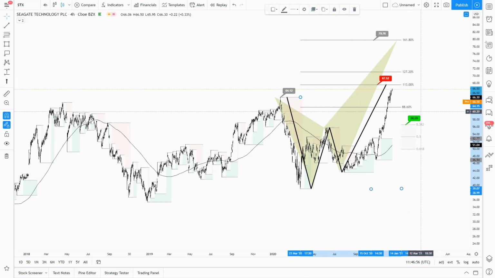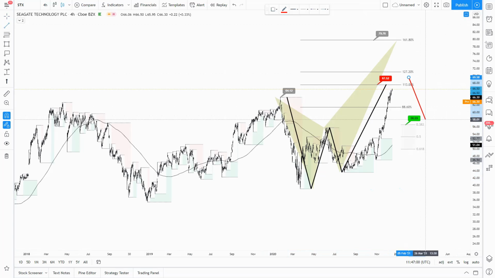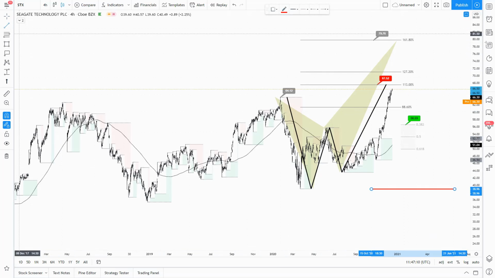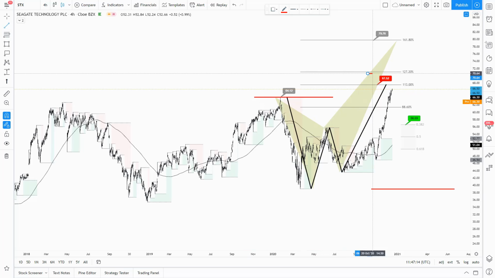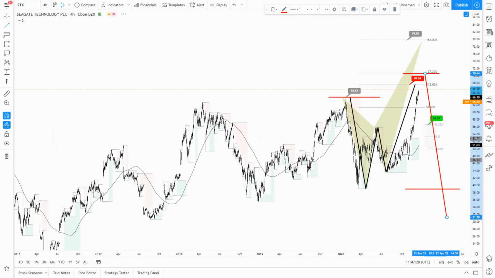If the market decides to start to retrace from these levels, obviously that may offer later, and we need the price then later to confirm that with a violation of the support. But it may happen, it may act as a false breakout of the previous structure highs if the price decides to trade even lower from here.